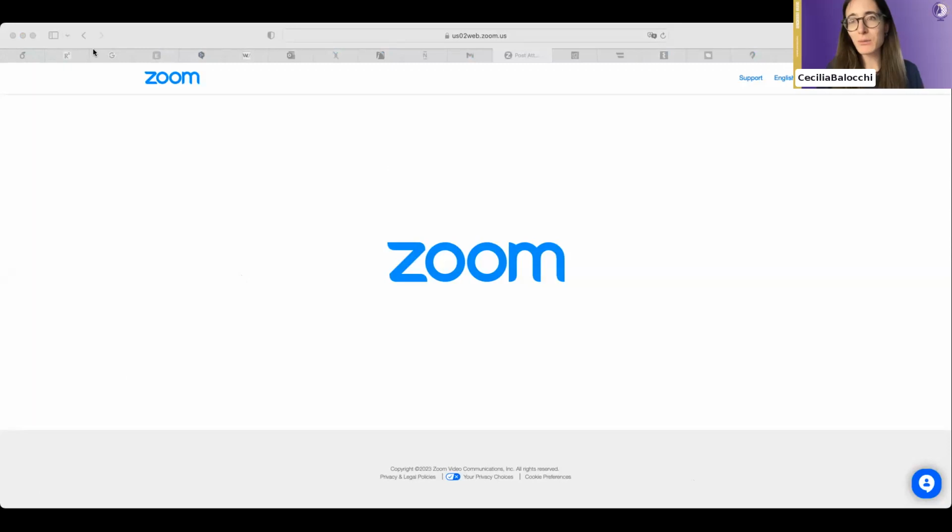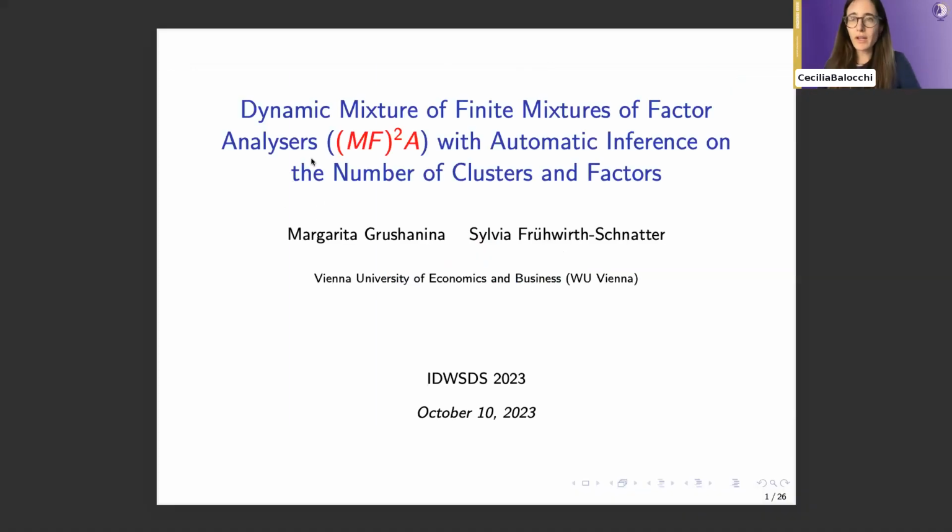No, we're seeing the Zoom page, the Safari page. Somehow I don't have the option to stop sharing. I have new share and resume share. How about now? No, still no. Oh, yes, now yes. Okay, perfect.